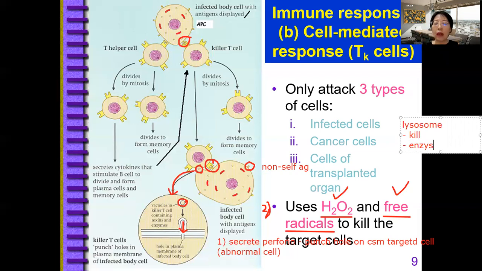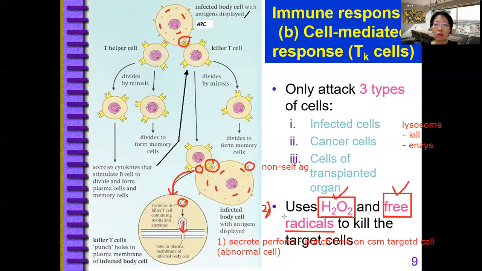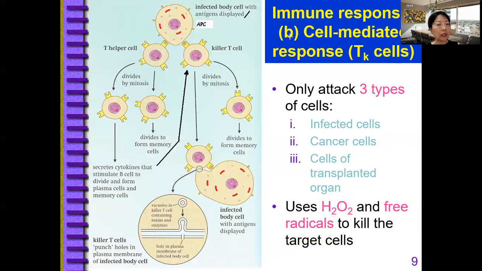But in this T killer cell, it will only secrete H2O2 and free radicals because it's very effective to oxidize all the chemicals to kill the cell. So from here, you can see that cancer cells can be removed by the cells of our immune system.